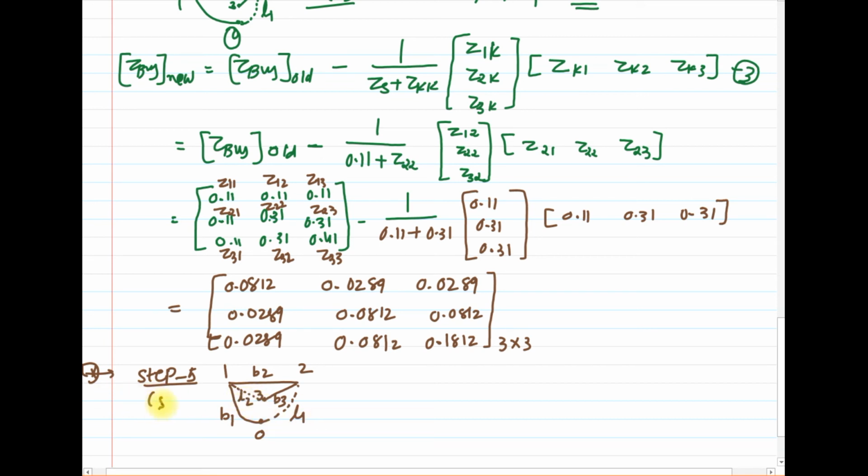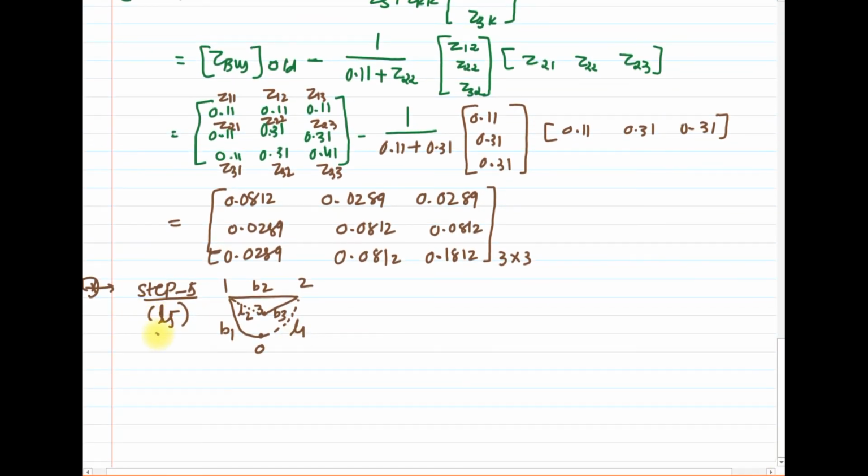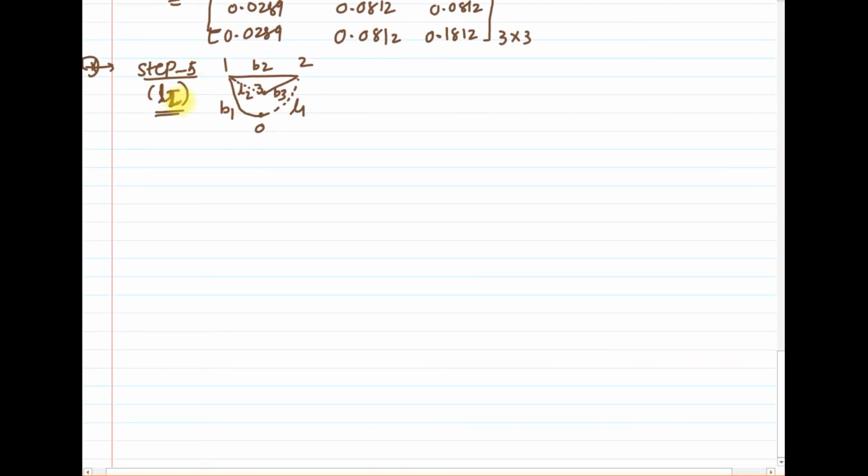Step 5 is for the element of the co-tree, which is your link, and it is L2. Not L5, yes, L2. So for this L2, let us consider which modification is applicable, that means whether type 3 or type 4 modification is applicable for this link L2.